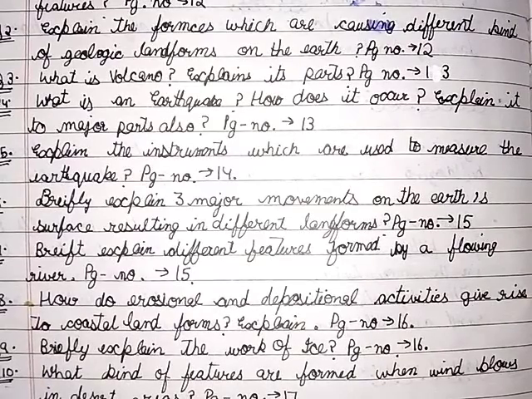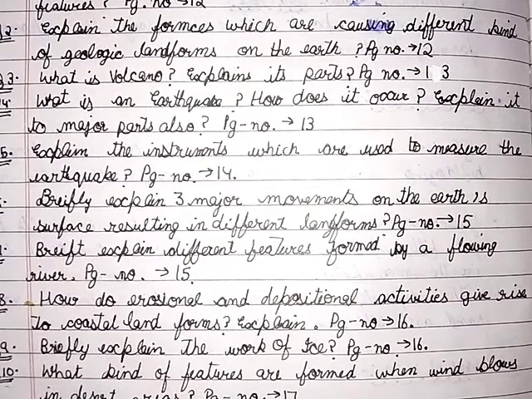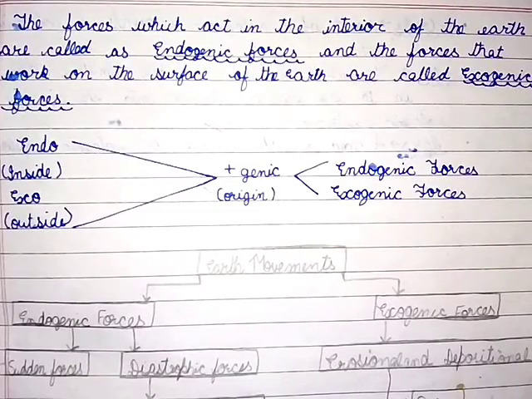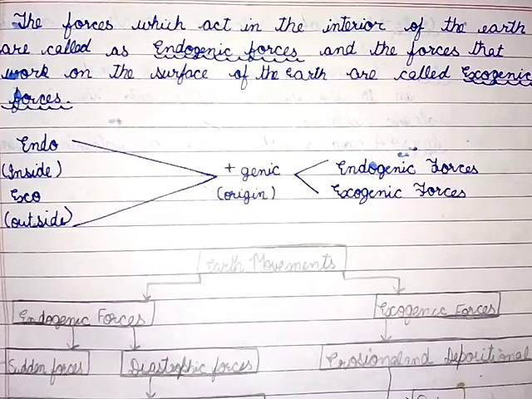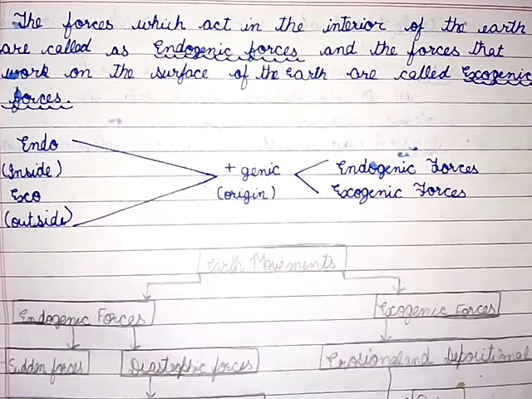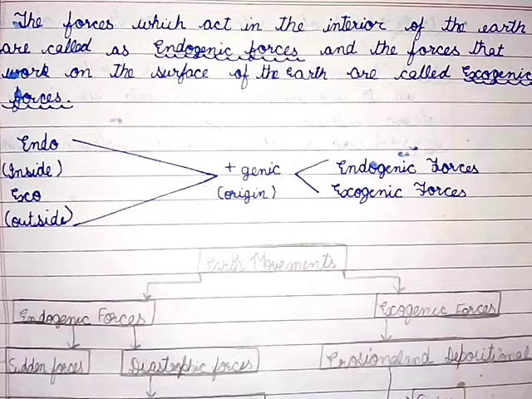Question number 2. Explain the forces which are causing different kinds of geologic landforms on the earth. The forces which act in the interior of the earth are called endogenic forces, and the forces that work on the surface of the earth are called exogenic forces.